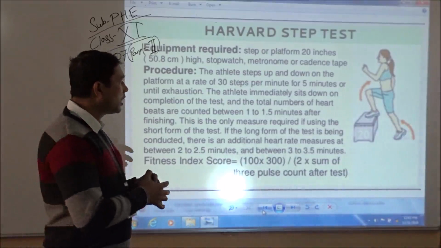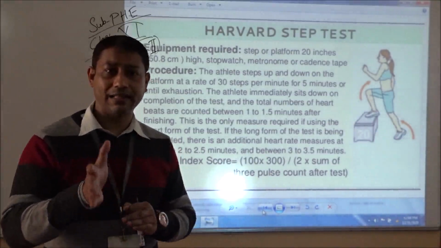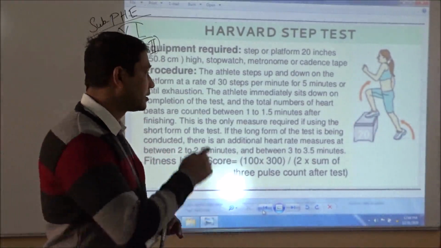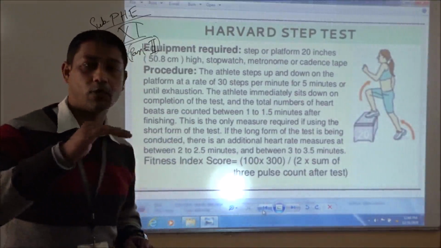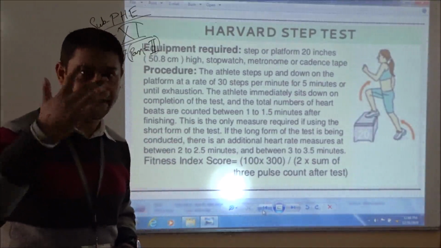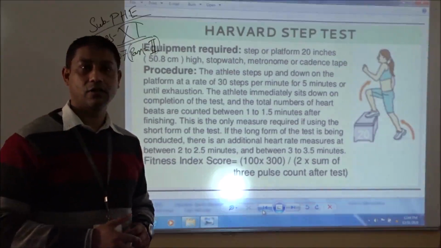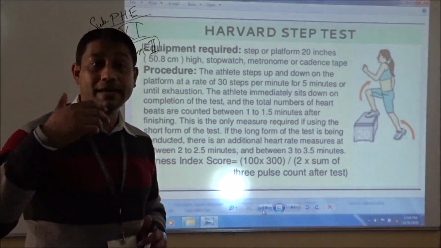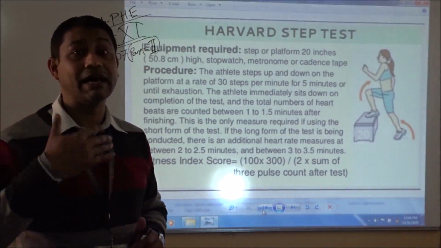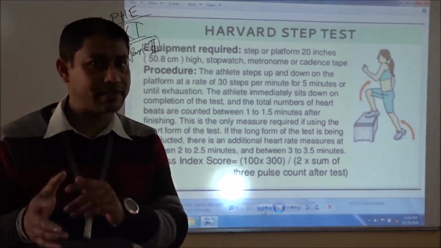After the end of 5 minutes, or whenever the athlete gets exhausted, the participant will be sitting over that very platform only. After that, the test taker or the examiner will be assessing their heart rate. There will be 3 measurements taken.